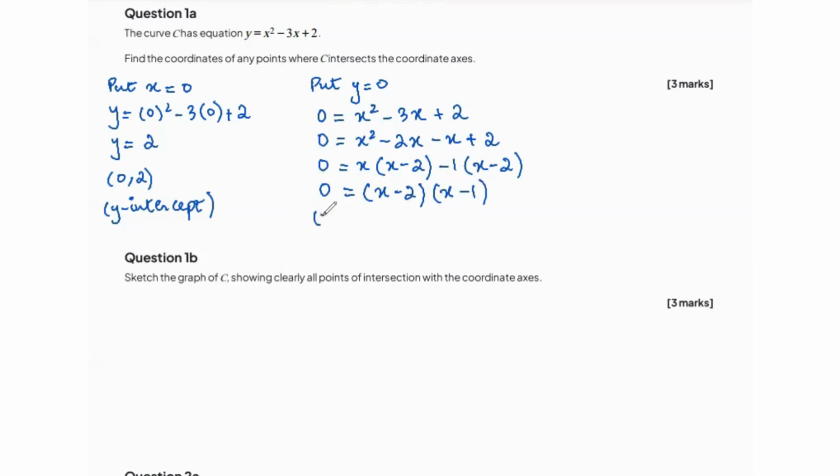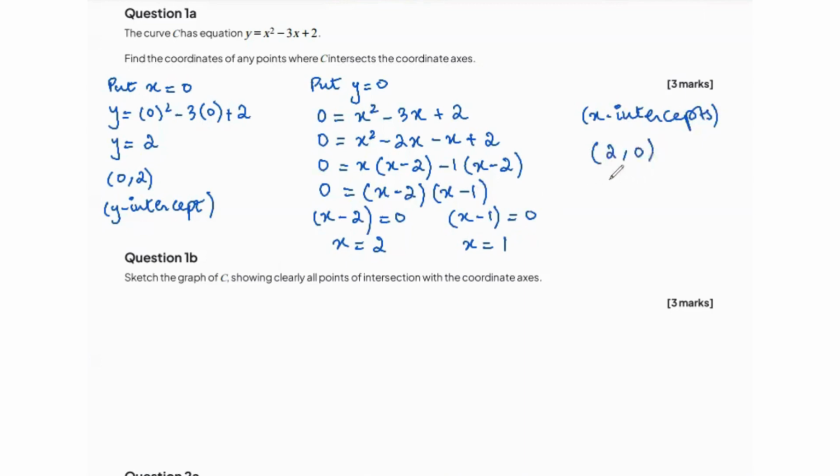That means we put each bracket equal to 0, and that gives us x equals 2 and x equals 1, which means the x-intercepts are (2, 0) and (1, 0). So these are the coordinates where the curve C intersects the coordinate axes.